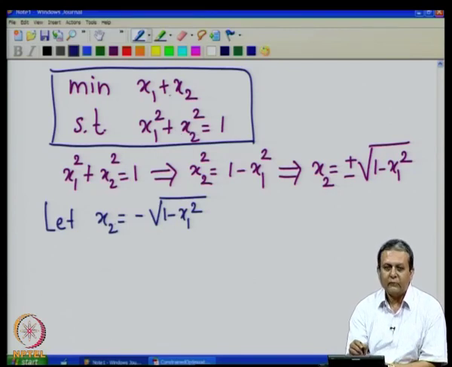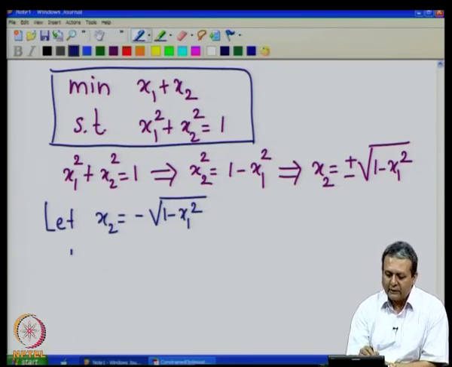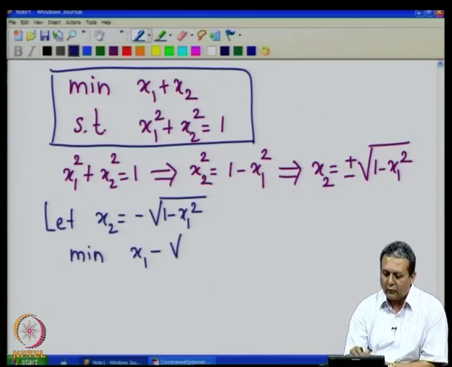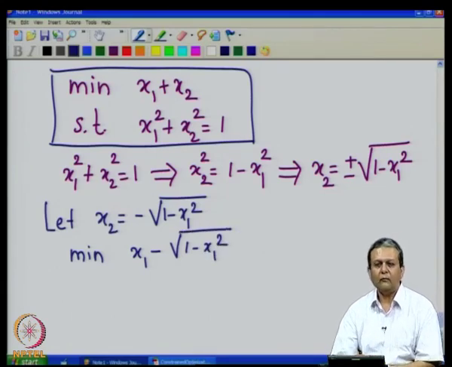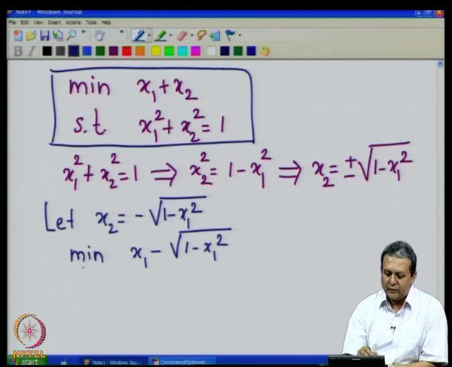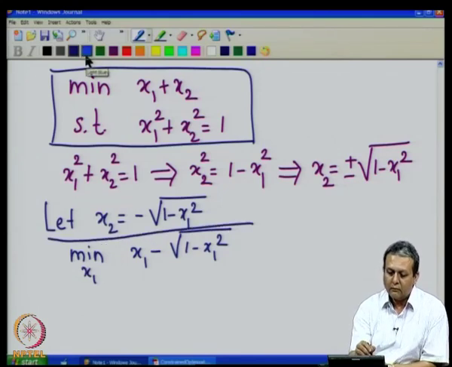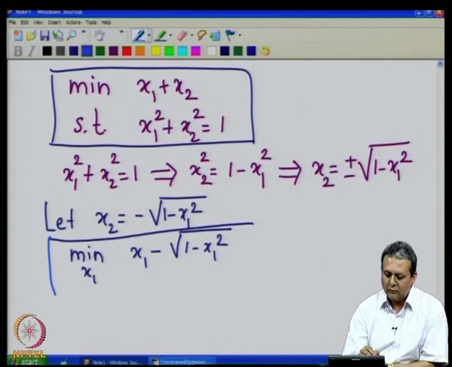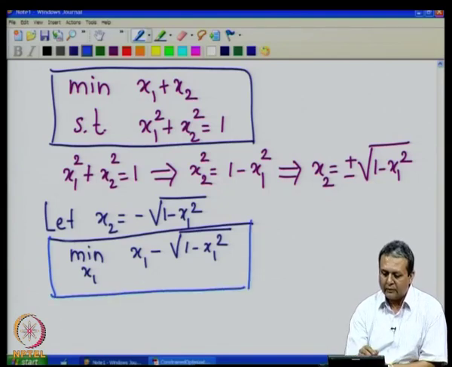Let us plug in this value of x2 in the objective, and what we get is minimize x1 minus square root of 1 minus x1 square with respect to x1. So, now you will see that this is an unconstrained optimization problem.